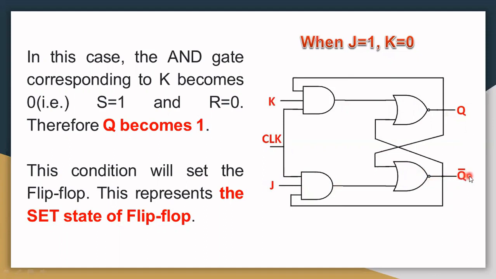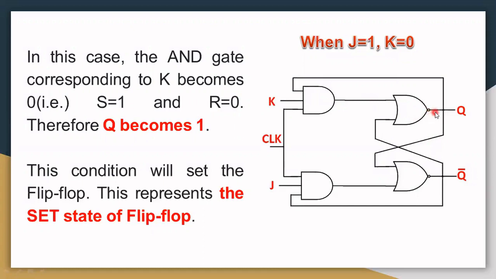Therefore 0, 0 here. Therefore 0 comes here, K is equal to 0 and clock is high, Q is high. One of the inputs of this AND gate is 0, therefore the output is 0. Comes here, 1 here, 0 from Q dash here. So therefore 0 and 0.